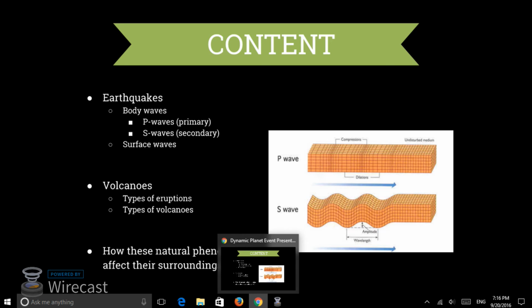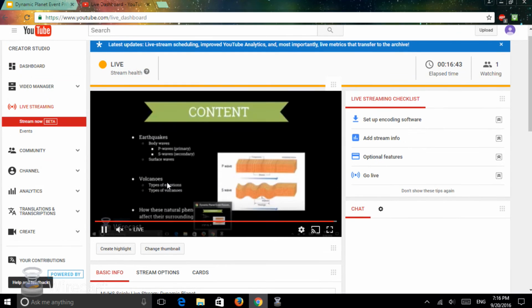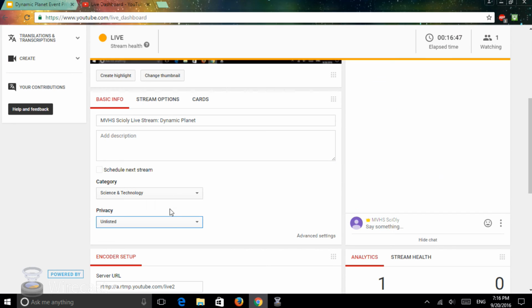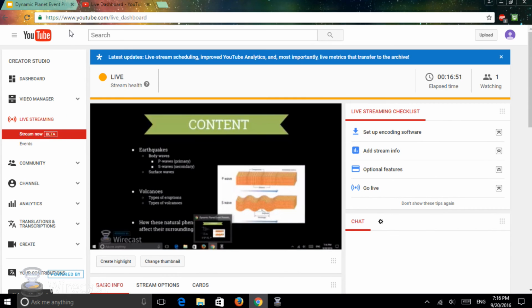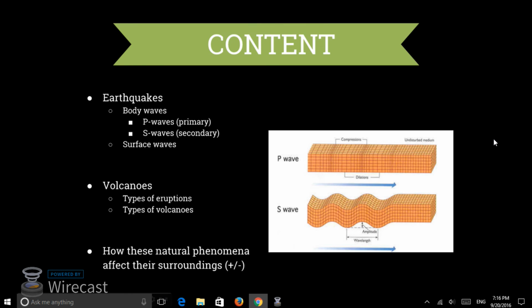And for volcanoes, you should study the types of lava and also the types of eruptions, such as Strombolian, and volcanoes like shield, cinder cone, and composite volcanoes.